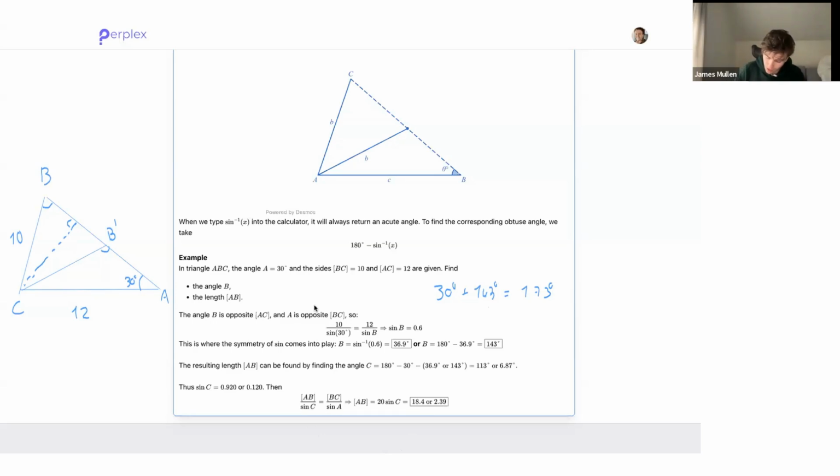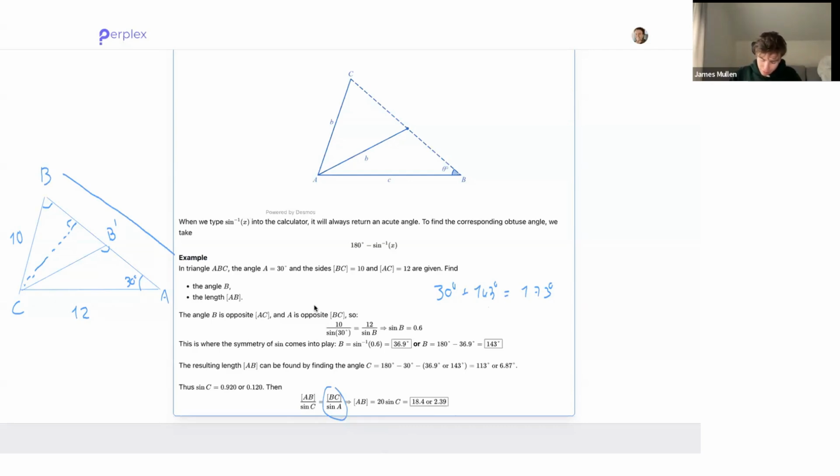So those are the two values of beta that I found, and now we're trying to find the length of AB. We're trying to find the length of this side here, okay? And I'm going to use the sine rule again, but with two possible values now. I can write that AB divided by sine of C is equal to BC over sine of A, and BC is 10 and A is 30 degrees.